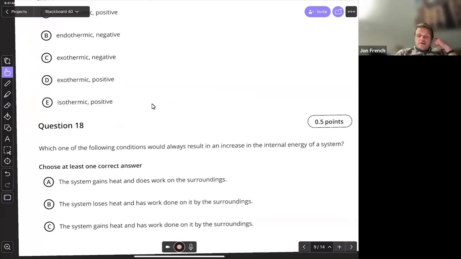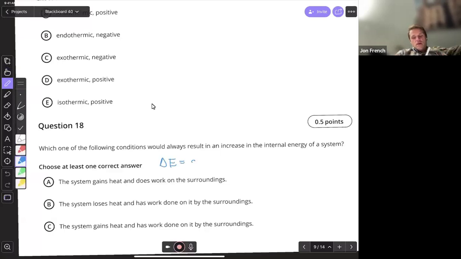Which of the following conditions would always result in an increase in internal energy? So the equation that we talked about for energy, delta E equals Q plus W, heat and work. We're looking for an increase in internal energy.